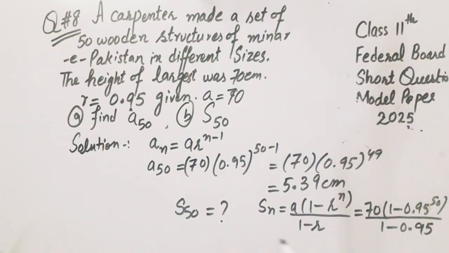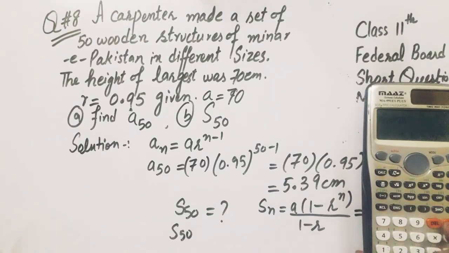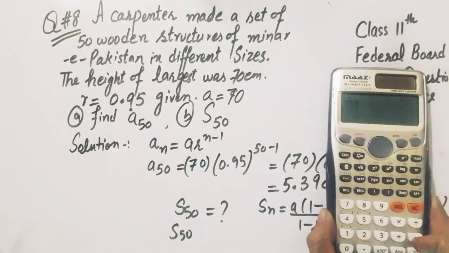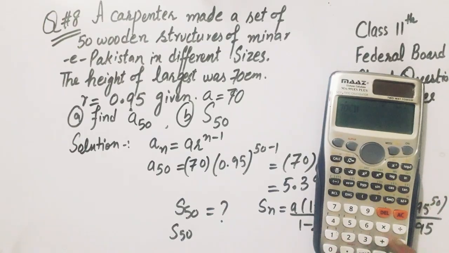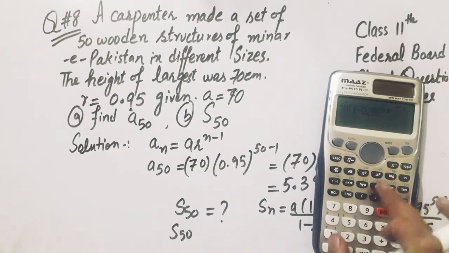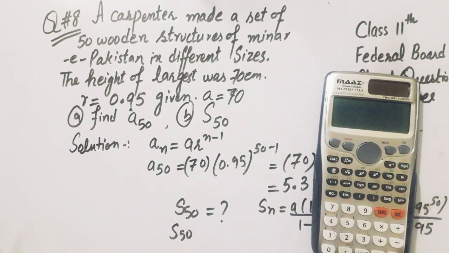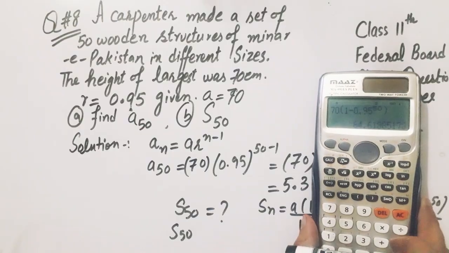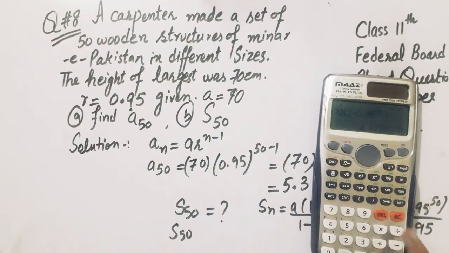By solving this with the help of a calculator, we get 70 multiplied by 1 minus 0.95 raised to power 50, which is 64.613.